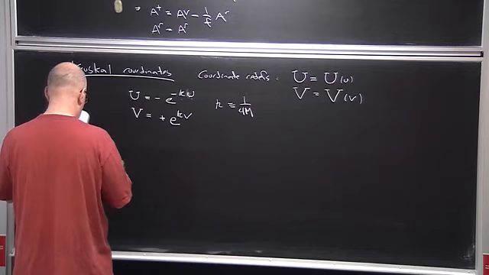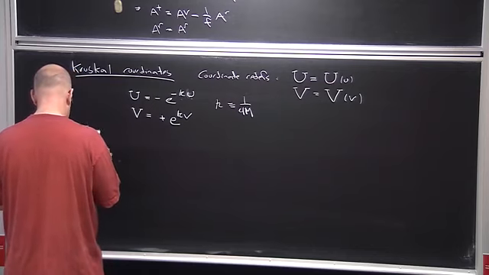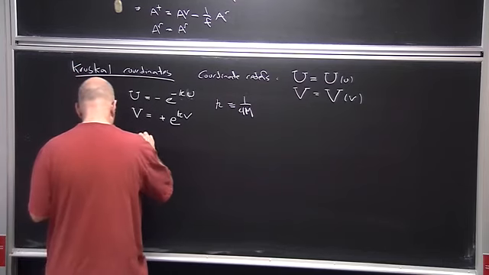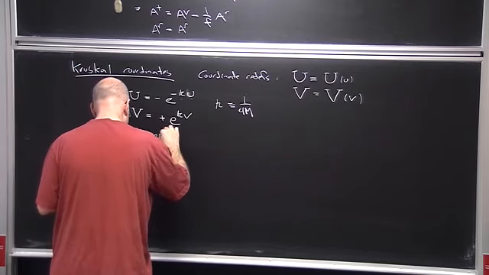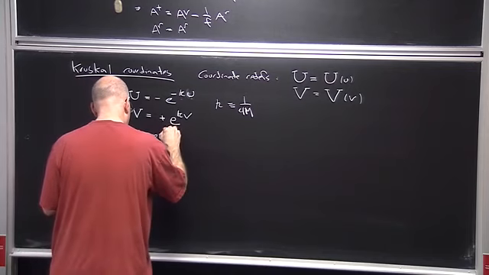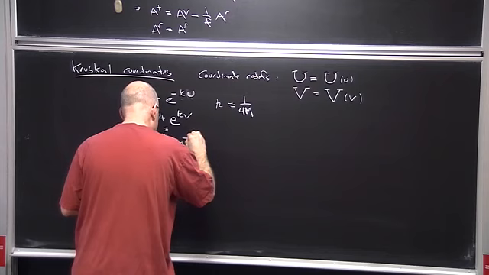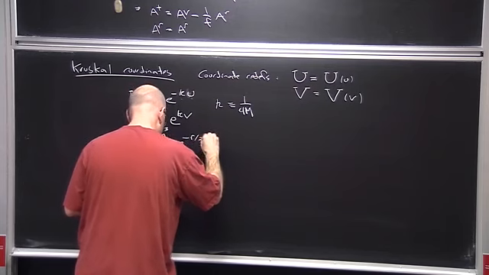Cut to the conclusion. I can tell you that the new metric, in terms of Kruskal coordinates, the Schwarzschild metric in terms of Schwarzschild coordinates, looks like this. There's a 1 over r factor. There's an exponential factor in r.